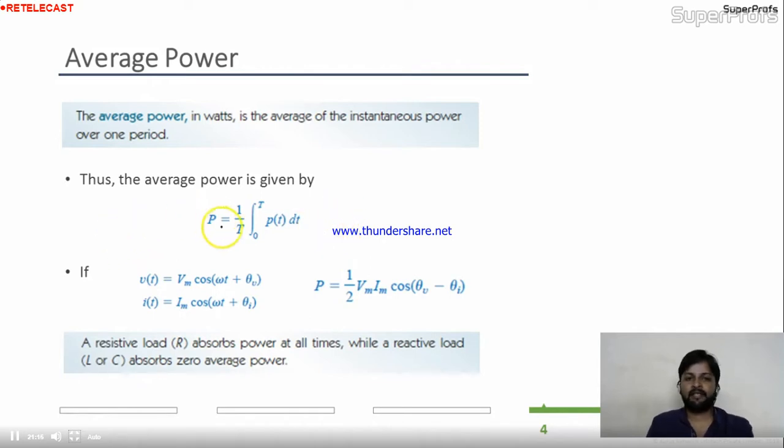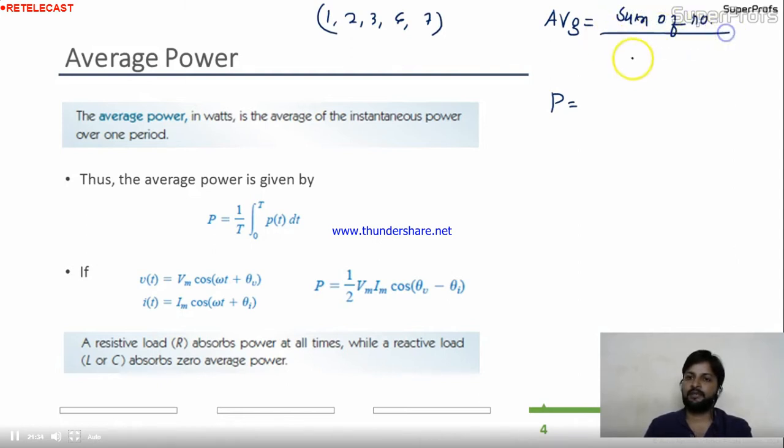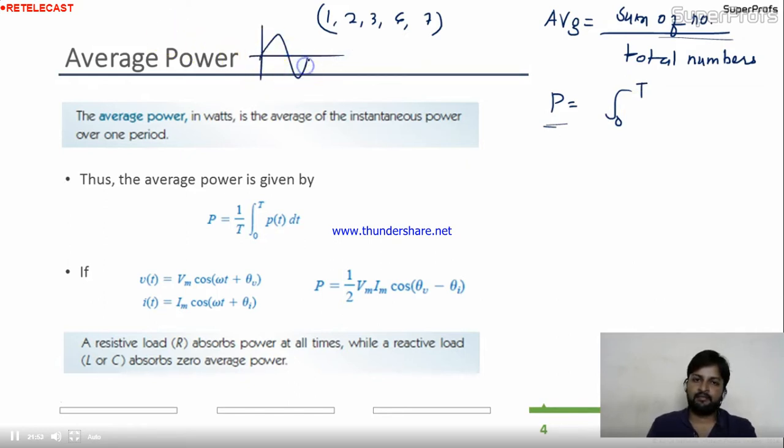So the average power is mathematically given by P, which is nothing but the average value of anything. Suppose we have some numbers 1, 2, 3, 6, 7. What is the average? Here you will write the sum of the numbers divided by the total numbers. Similarly, if you want to calculate power, in the numerator, the sum means nothing but the total power from 0 to T, in one time period.